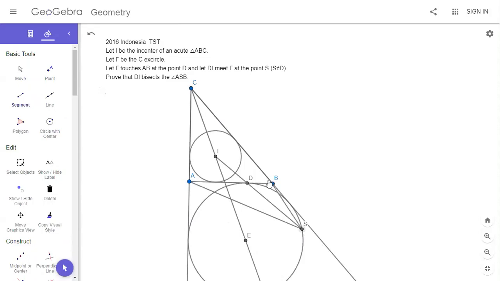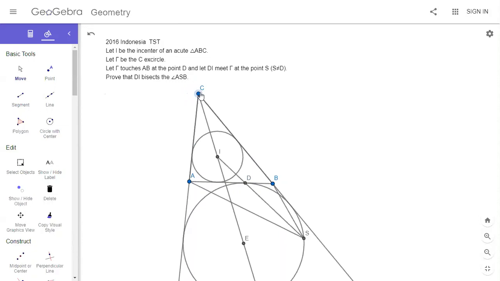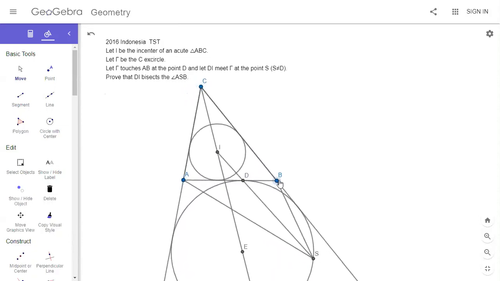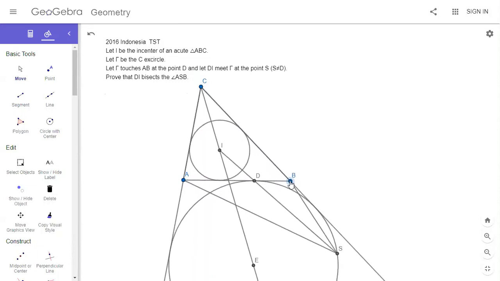Let me draw angle ASB. Looks pretty nice.